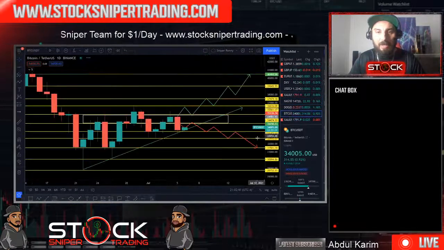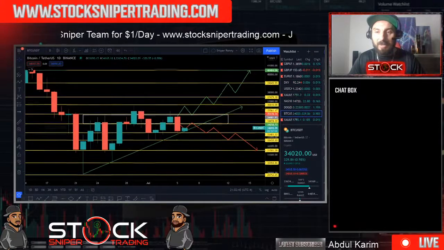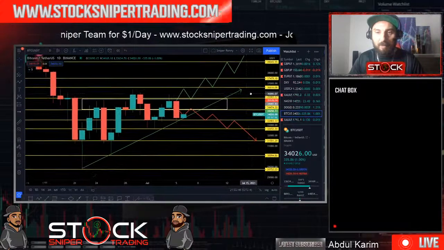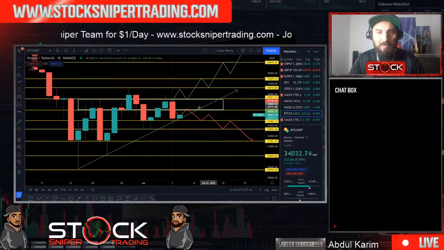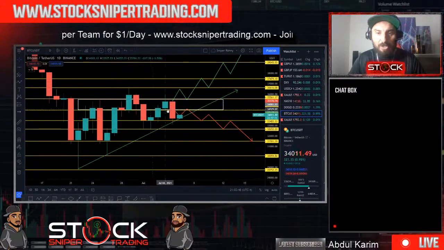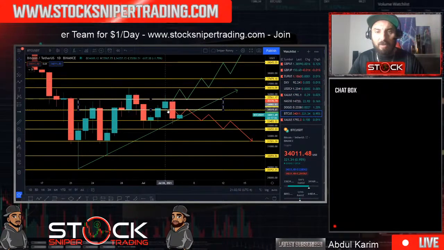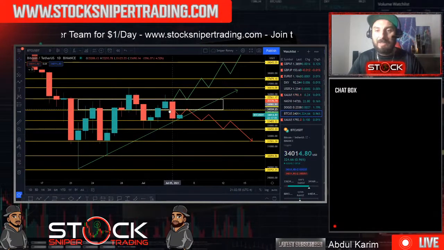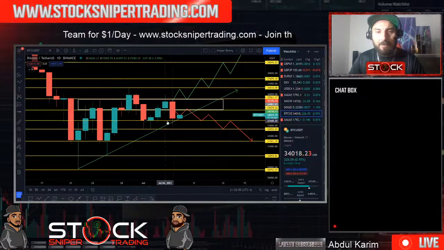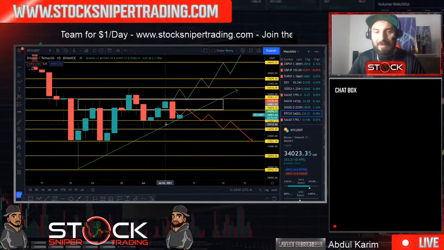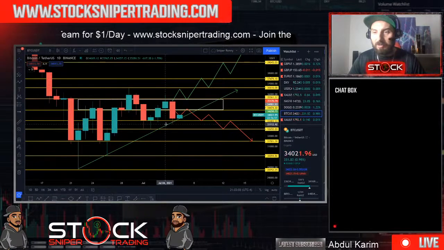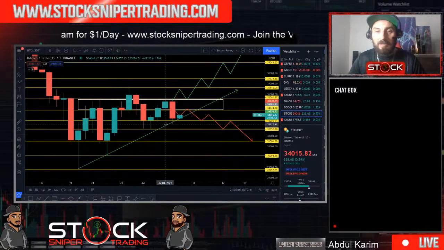Here's Bitcoin, guys. Bitcoin was bearish and hit some good profits. This was our analysis from last night, and we were watching this area for Bitcoin to break. We had a bearish engulfing candle, and once we broke that daily support right there at 34,560, we ended up getting yesterday's low down to 33,100.